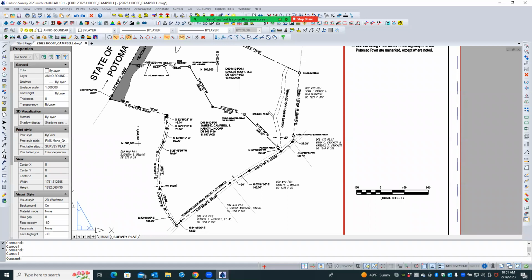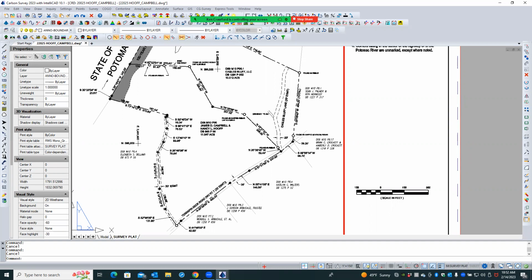But that should clear that up. Now, as to whatever caused that 1 inch equals 150 feet, I have no clue. No clue, but that was what was causing that to not show up. It was showing up over in the model space because it was set to be visible.